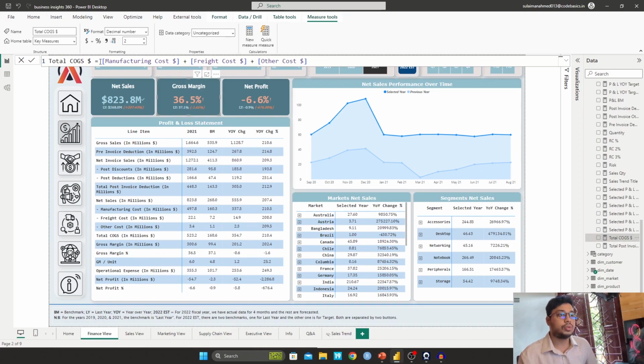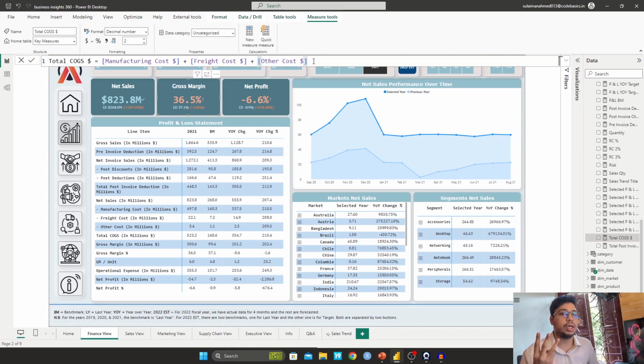The total cost of goods sold: we are selling goods, this is one thing, but in order to sell goods there are many other related costs, right? In the total cost of goods sold there are three different additional costs: manufacturing cost, shipping cost or freight cost, and other cost.